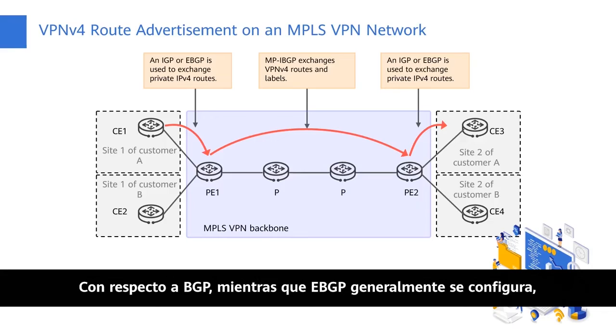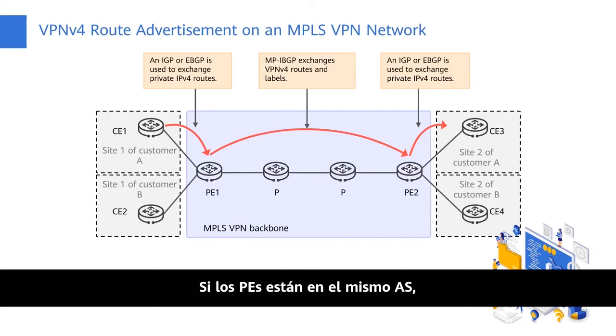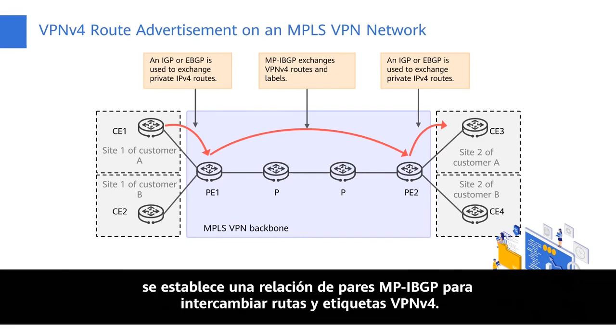Regarding BGP, while eBGP is generally configured, static routes can also be used in some simple scenarios. 2. An MP-BGP peer relationship is established between PEs. If PEs are in the same AS, an MP-IBGP peer relationship is established to exchange VPN v4 routes and labels.